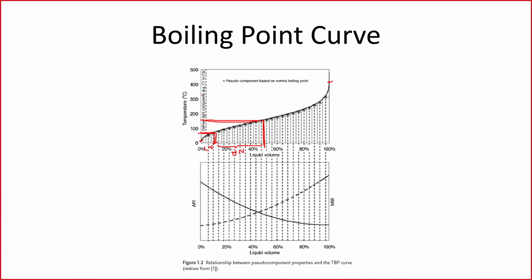And in here, up until maybe somewhere here, this is your diesel or jet fuel or something. So maybe let's take the 300. Somewhere here is your diesel and jet fuel or kerosene.